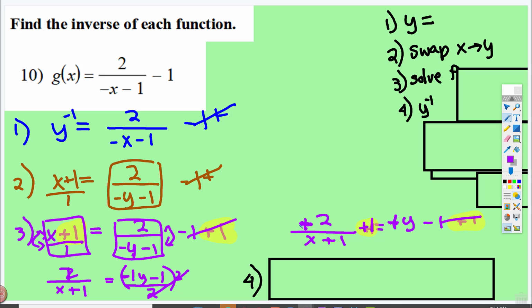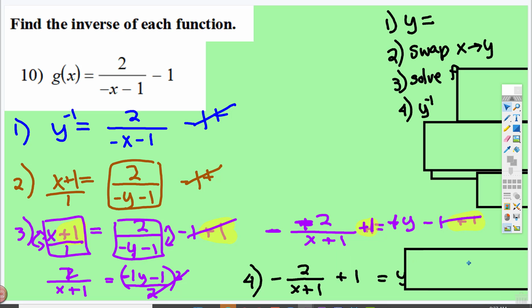I can either put the negative sign here, this is best practice, or you can put the negative sign there. So what you end up with is negative 2 over the expression x plus 1 is equal to y to the raised negative 1, the inverse, or g to the raised negative 1 of x.